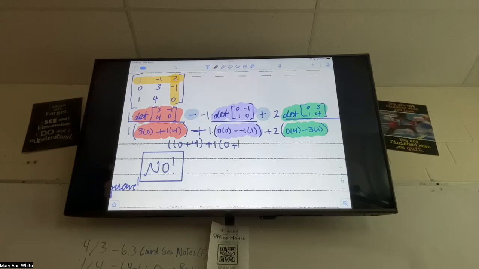Oh, and then another +1. And then +2 times 0 minus 3. So this is all the same thing as 1 times 4 plus 1 times 1 plus 2 times -3. Four plus 1 minus 6, and that's -1.